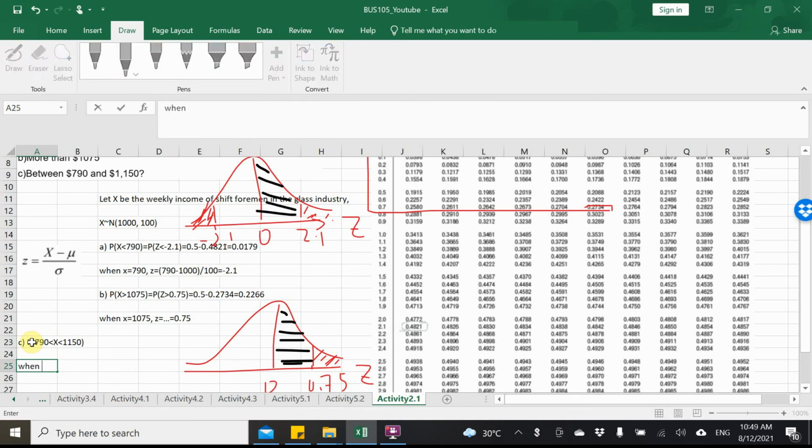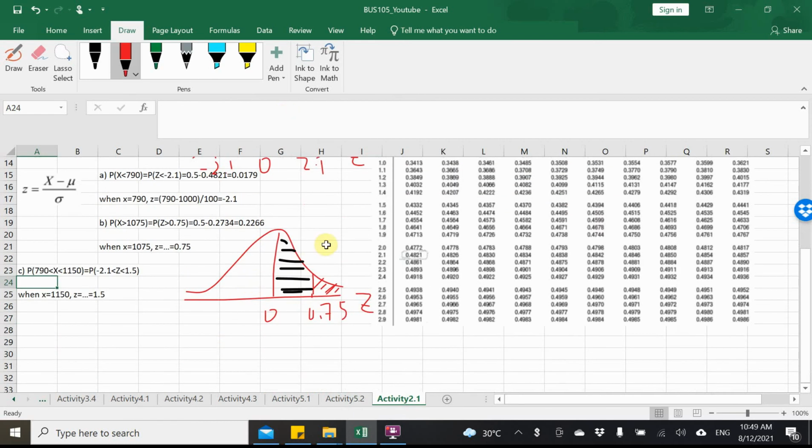So we only need to do the standardization for the other value, 1150. Using the formula, we get the corresponding z-score is 1.5. So this probability equals the probability of z between minus 2.1 and 1.5. What is the area we want to find in part C?